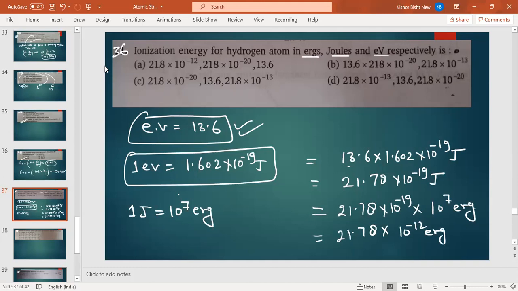Changing it, 2.178 into 10 to the power minus 11 erg. So this is correct, and your answer is A.